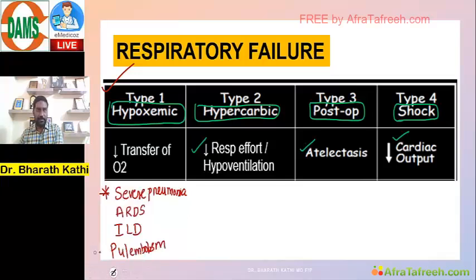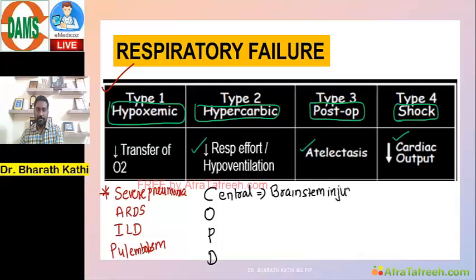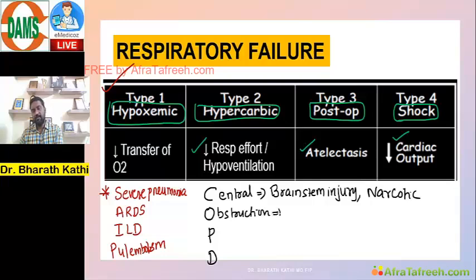Whereas type 2 respiratory failure, you know a mnemonic called as COPD. C for central causes such as brainstem injury, narcotic use, O for some obstruction within the airway, such as a large foreign body, especially in the trachea, severe COPD.